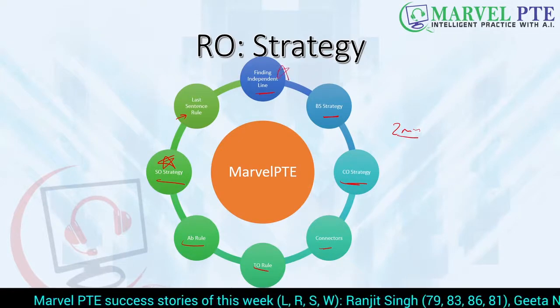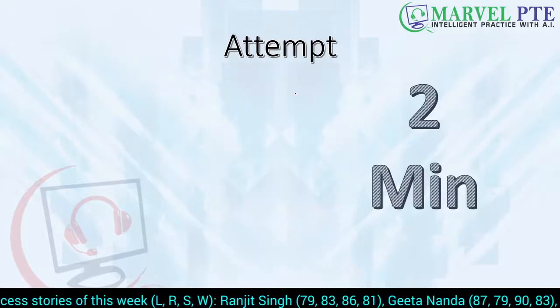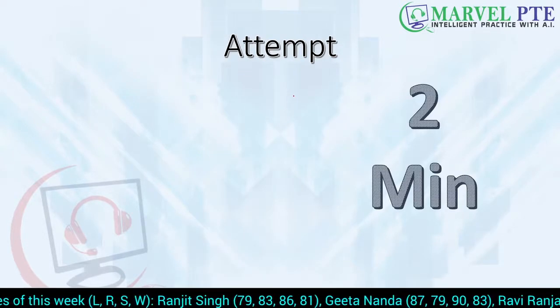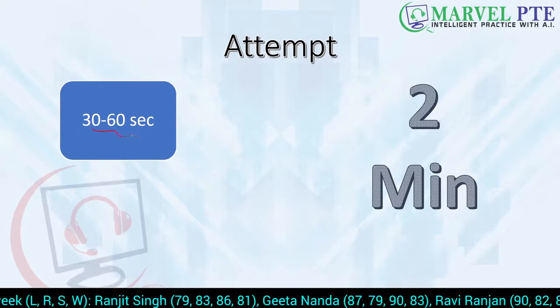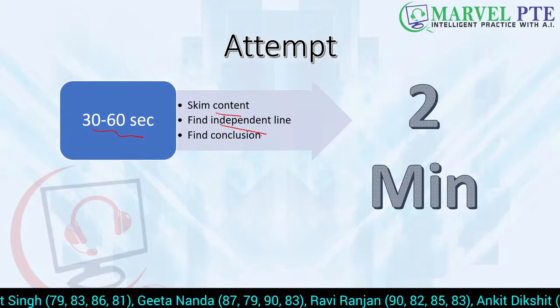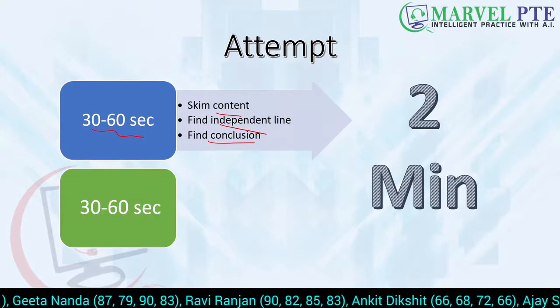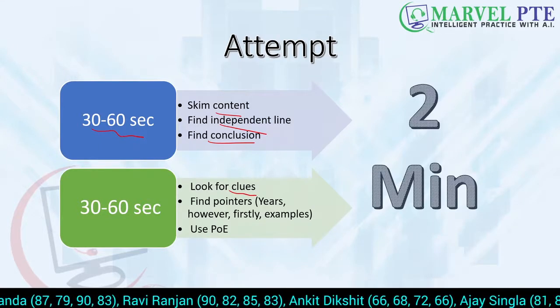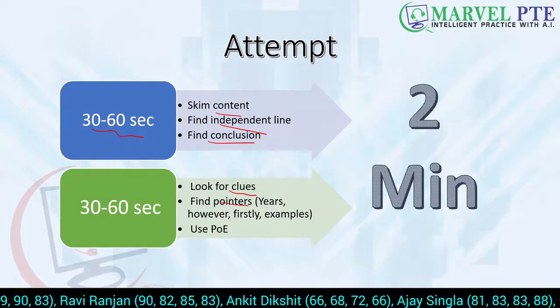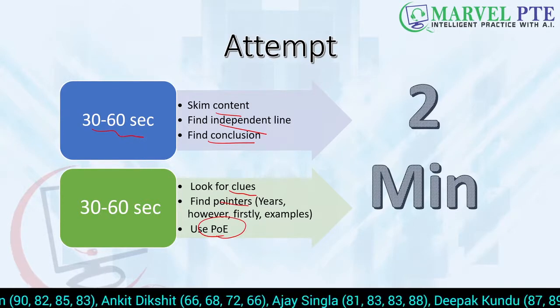We could find the independent line also based on our strategies. And always remember, you just have 2 minutes to solve your reorder paragraphs. In first 30 to 60 seconds, you are going to skim the content. You have to find an independent line, and then you have to find a conclusion line. And in next 30 to 60 seconds, आपको क्लूज ढूंढने हैं, पॉइंटर्स ढूंढ सकते हो और प्रोसेस ऑफ एलिमिनेशन यूज कर सकते हो टू फाइंड योर पेयर्स.